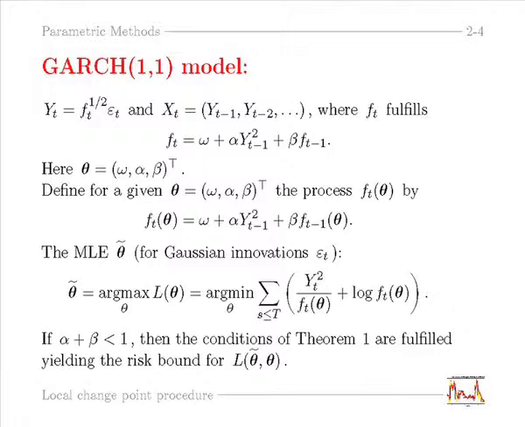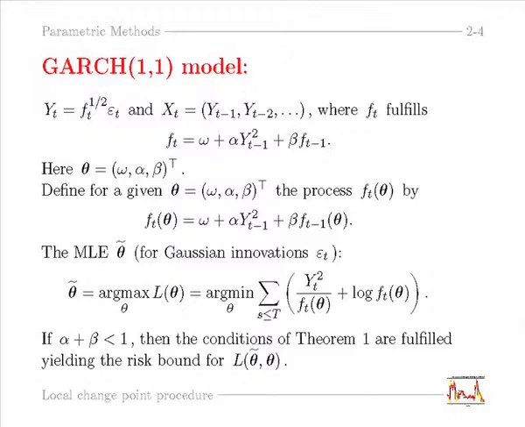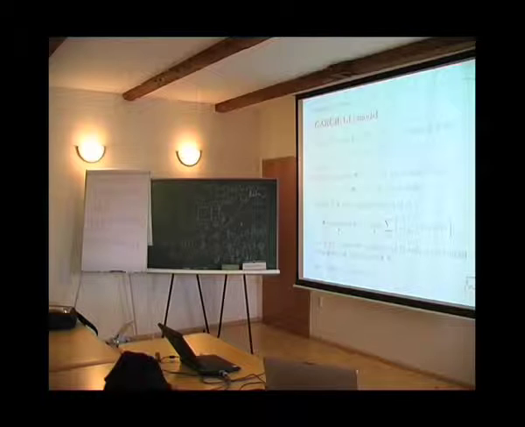Now we can apply the same to the GARCH model, and again you have three parameters. Here you can write the corresponding log likelihood. Now it is a little bit more complicated because everything depends on this parameter vector theta. Theta is omega, alpha, beta, but in a special nonlinear way.